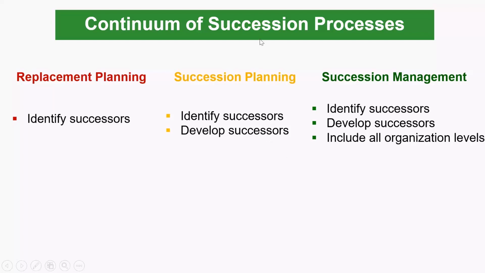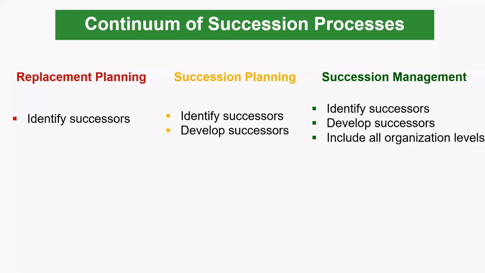But when you are very intentional, not only identifying successors but also developing them over a period of time using different developmental programs and interventions, then you are doing succession planning. You've identified successors, put in developmental programs for them, and cascaded this across different levels of the organization, not only at the management level, because succession planning was initially conceived for CEOs.